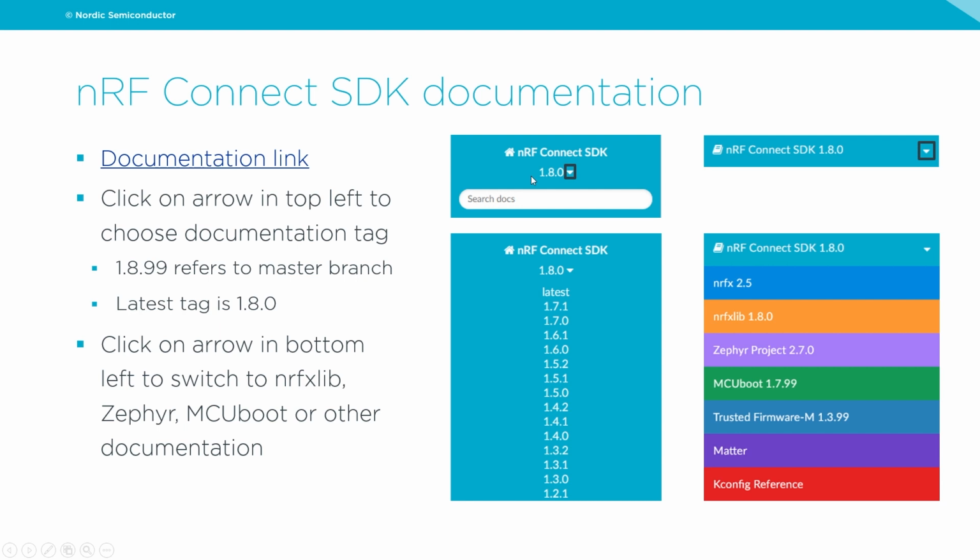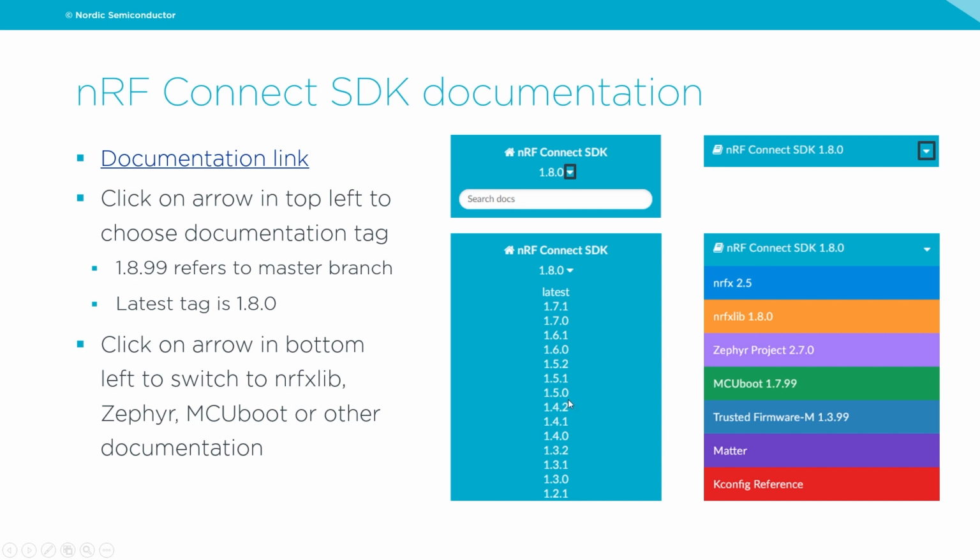For example, here we're on version 1.8.0, but if you click on this little arrow, it will expand to show this. And there you can switch between the different tagged versions of nRF Connect SDK or the latest version. So that's the master branch.